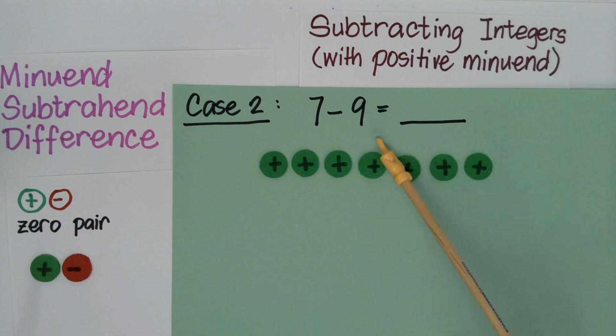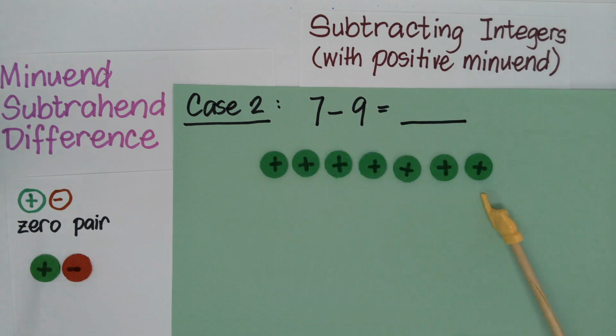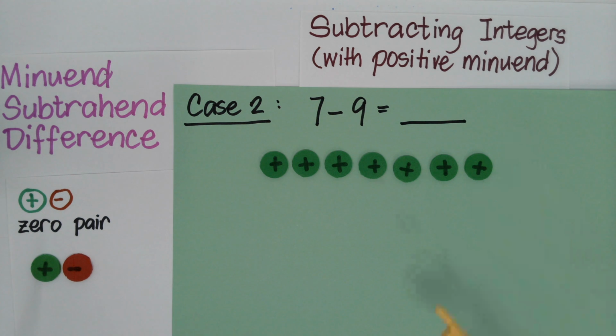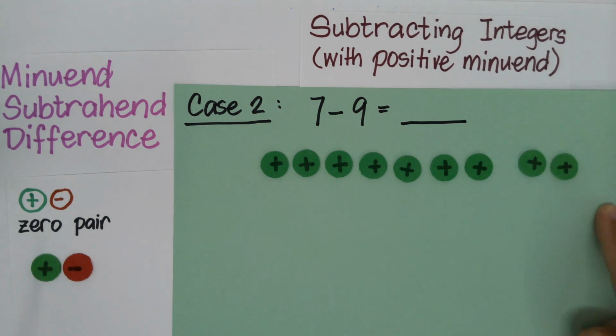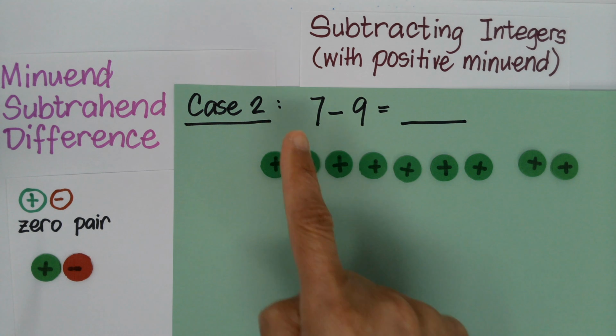Now, our problem is we are going to take away 9 positive discs, but we do not have enough. So we can introduce 2 more positive discs in order to have 9 positive discs. But we cannot just put the discs there, because we have to make sure that the final result will still have a value of 7.